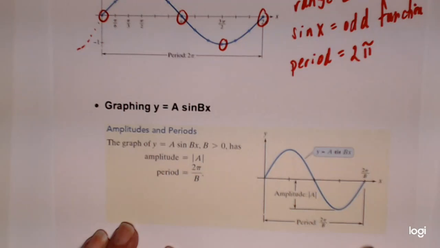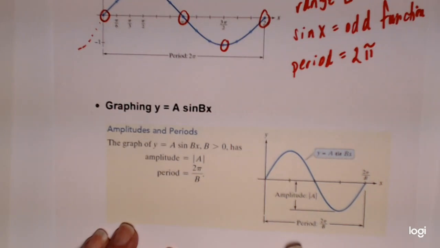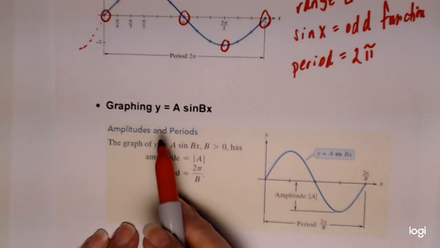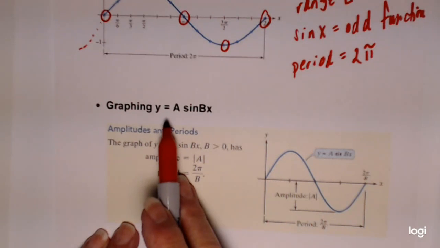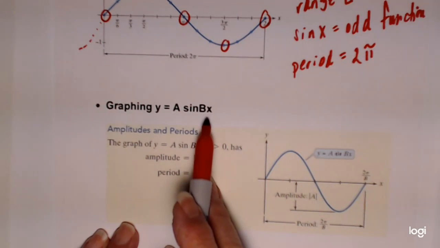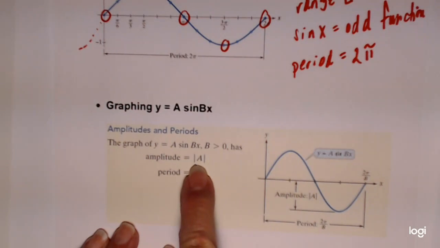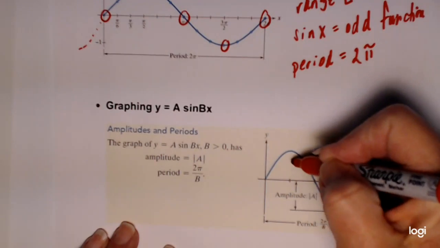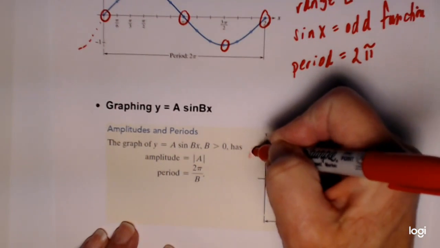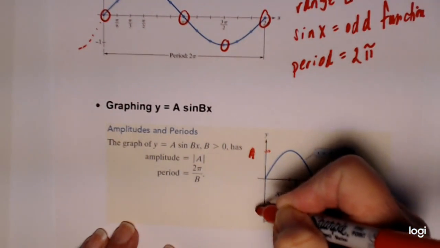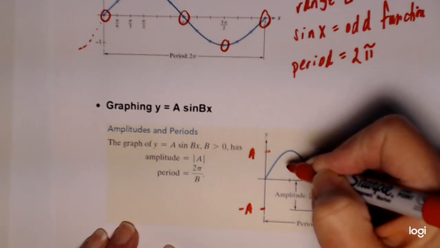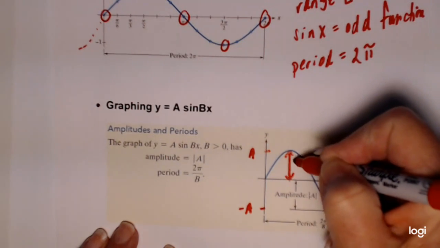We're going to start out and then we're going to build on this, but starting with a pretty basic equation, y is equal to a sine b. Let's take a look at this information. A is what we call the amplitude, and the amplitude is the absolute value of A. And what A represents here, so this value here would be A, and this value here would be negative A. A is this distance here.